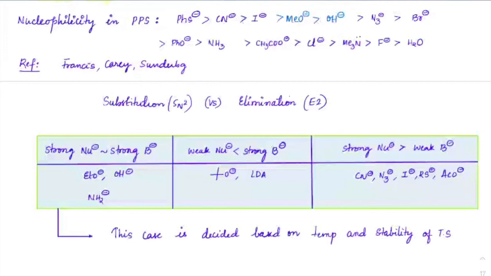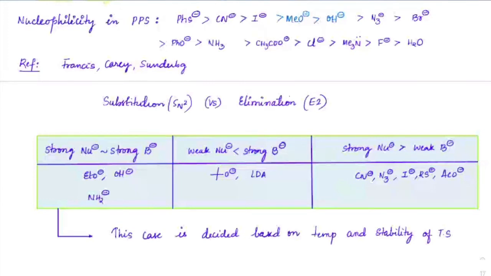All alkoxides, OH minus, and amides, NH2 minus. Therefore, for them the case will be decided by temperature as well as the stability of their transition state. So what exactly is the substrate you are taking? How stable is the transition state? And what temperature are you operating at? That decides whether it will go for E2 or SN2.